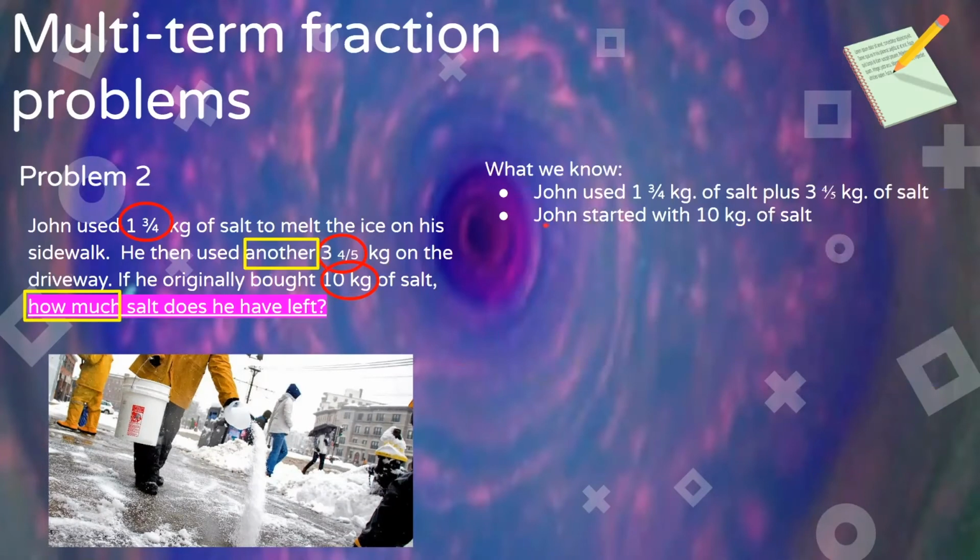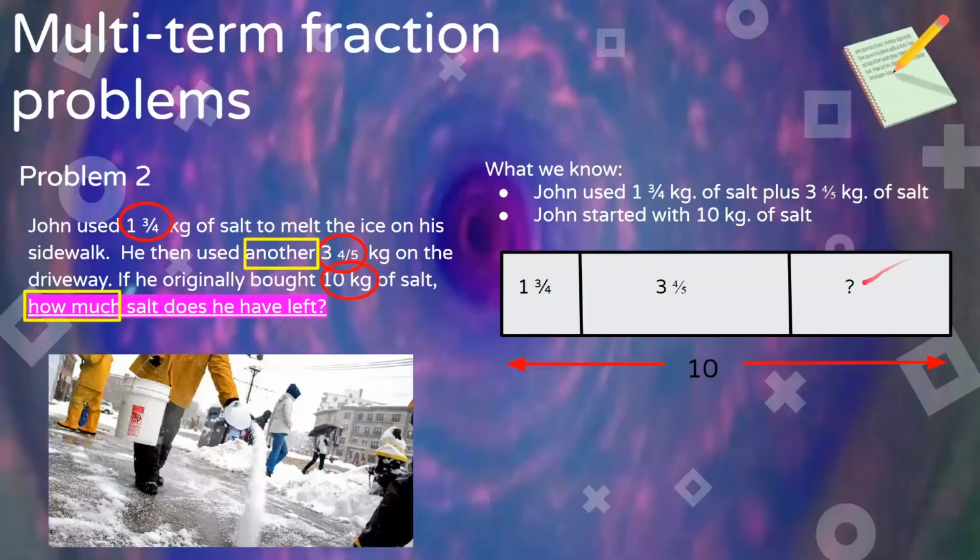What we know, John used 1 3/4 kilogram of salt plus 3 4/5 kilogram of salt. He also started with 10 kilograms of salt. So again, our question, how much does he have left? We should be able to figure this out fairly simply based on what we already know.